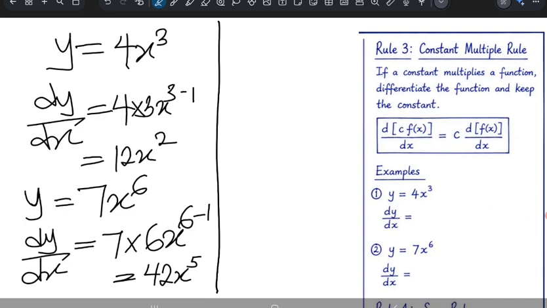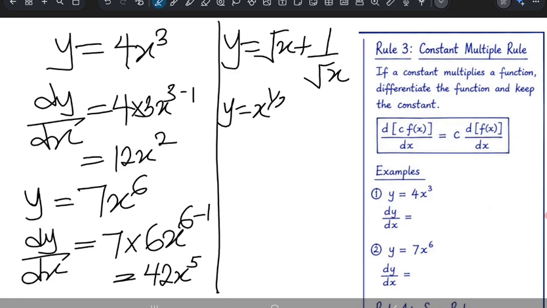So I can also have an example. Let's have y is equal to root x plus 1 over root x. Recall that it can also be written as x raised to power half plus 1 over x raised to power half.